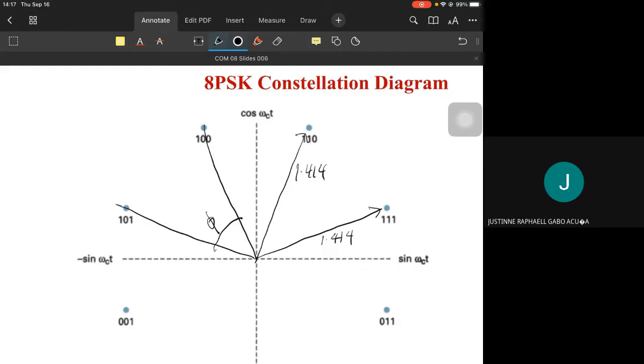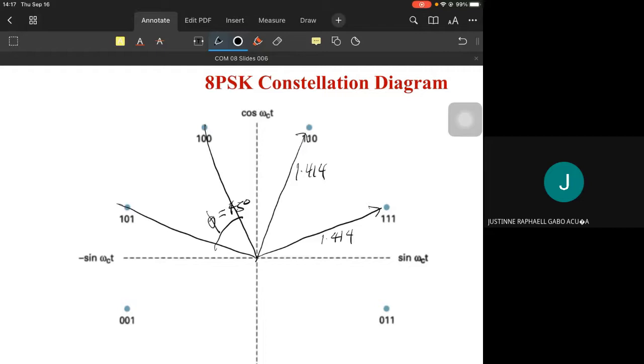So the gap for each symbol is 45 degrees. That would give us, I'm not sure of the proper term, degrees of freedom, or maybe just range.